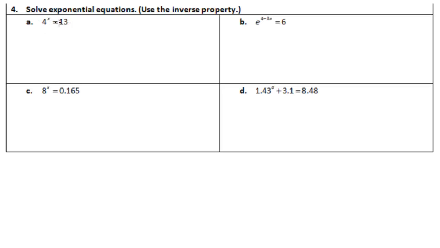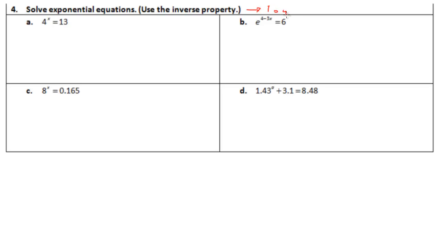In this video, I want to solve exponential equations using the inverse property. The inverse property is to take logs of both sides.